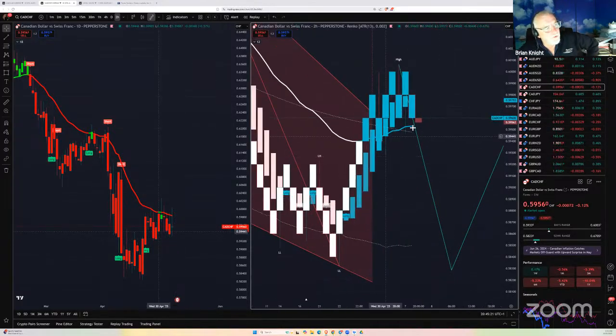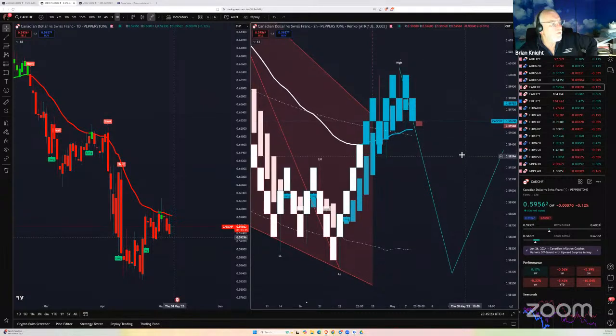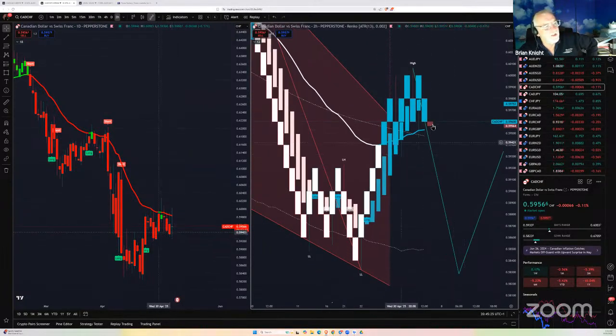We're still blue at the moment. We'll just wait and see. If it changes and we end up getting white Heiken Ashis and we end up pushing through, well, there's that wick there, and there's also that wick there, and I pick one or the other.